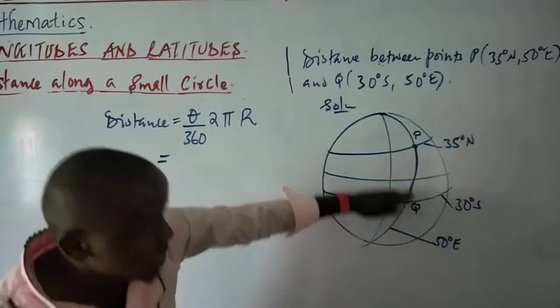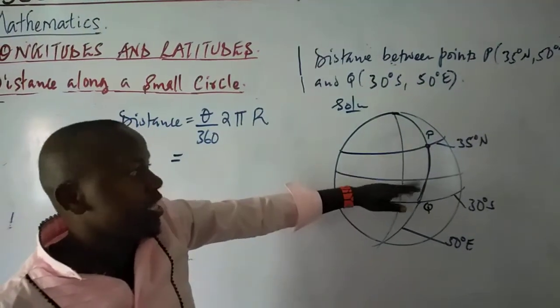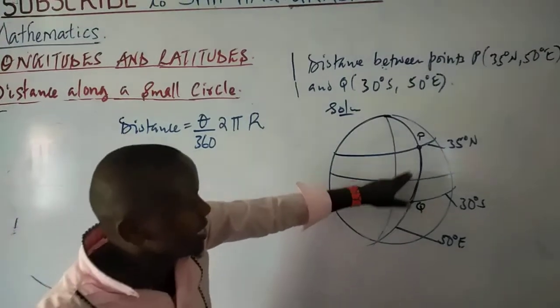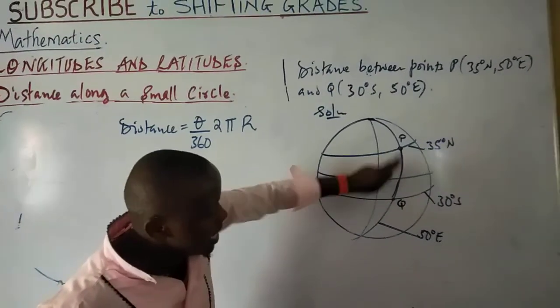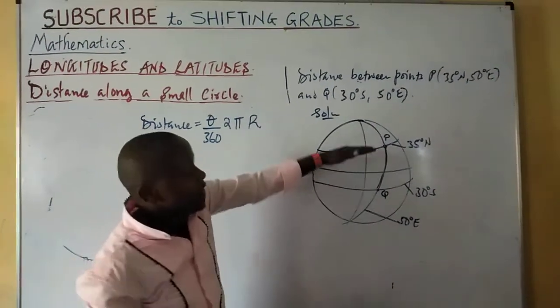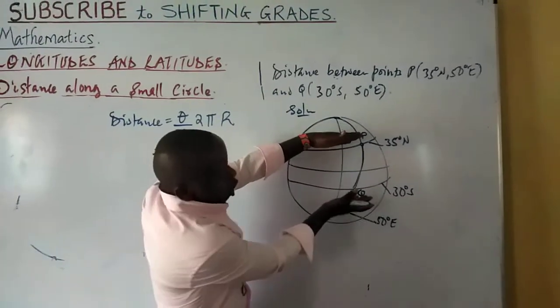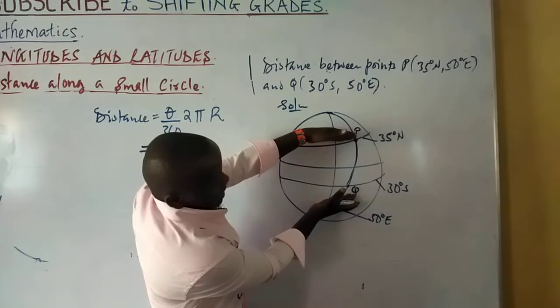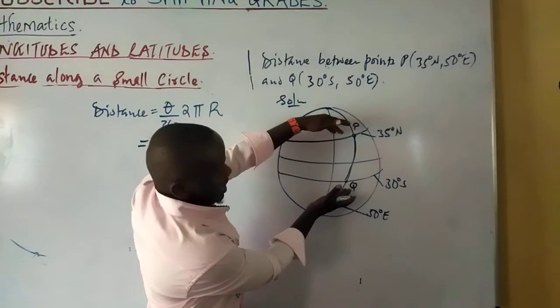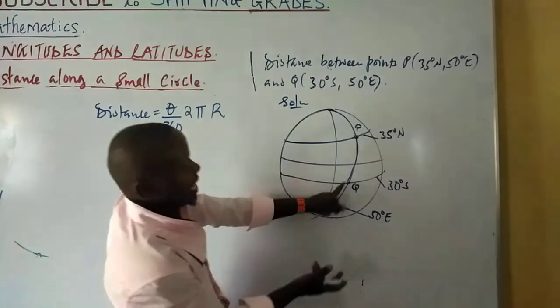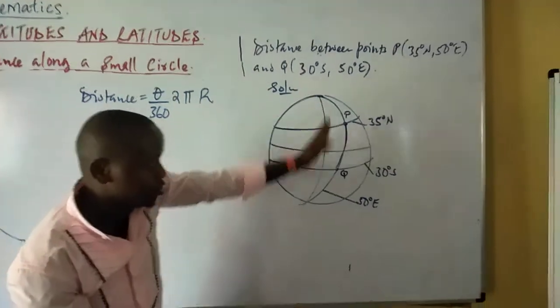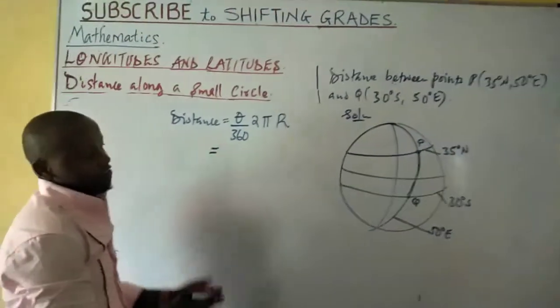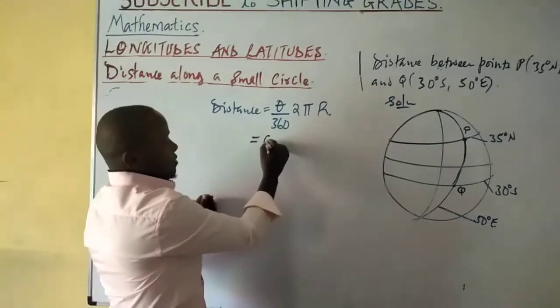So the difference between the two is found when we add, because one is 35 on this side and the 30 on the other side. Therefore, 35 plus 30 becomes 65.